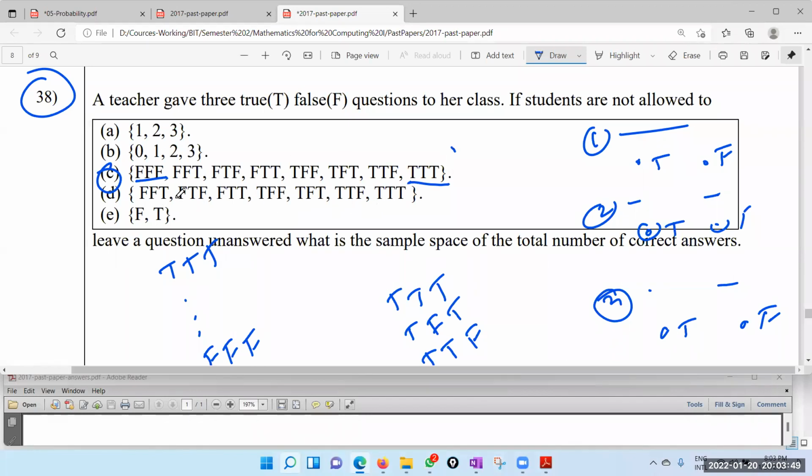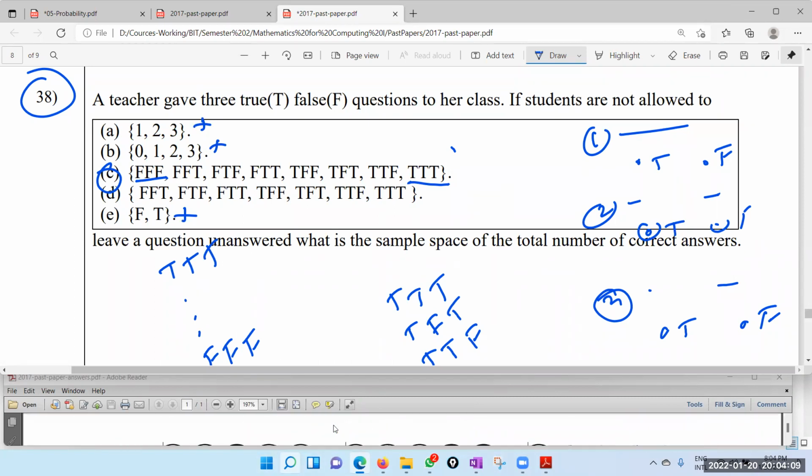So what is wrong with this? It has skipped 1 or 2 answers. It can't be this, it can't be this, it can't be this, because its sample space is all possible outcomes, answering all 3 questions. So the answer is C.